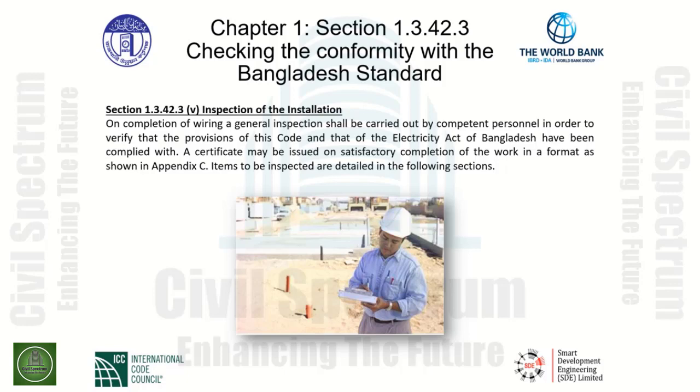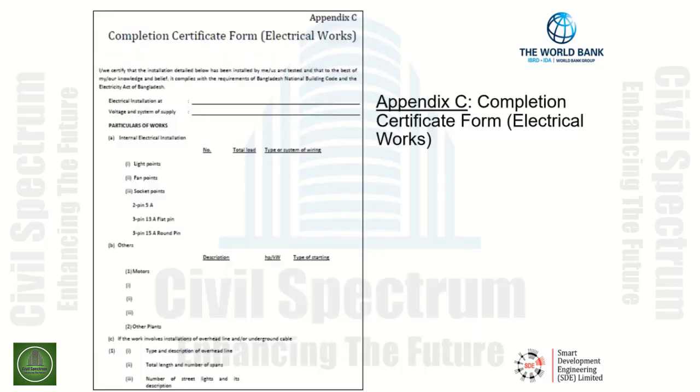We will now take a look at Appendix C and the certificate required by this section. In Appendix C, we have the completion certificate form regarding electrical works.